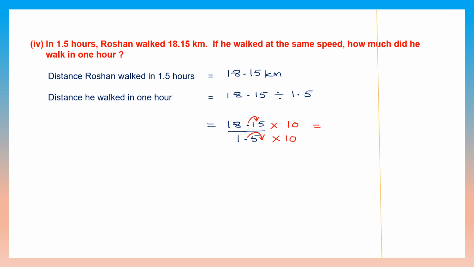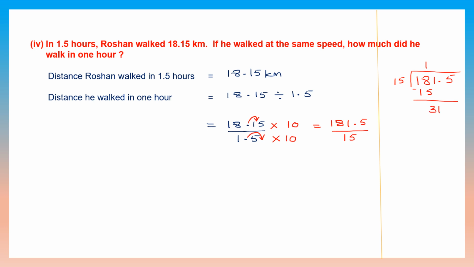So now I get 181.5 divided by 15. Now I have a whole number, so I can do normal division. 15 ones are 15, minus, 8 minus 5 is 3.